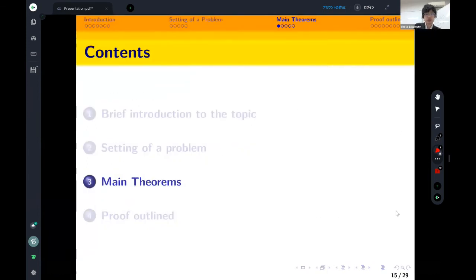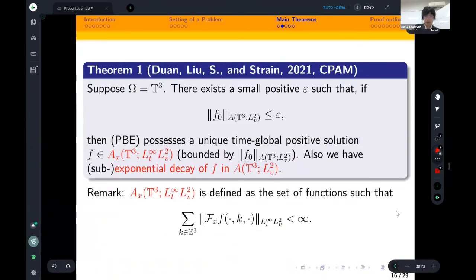And the main theorems. The first one is a collaboration with Renjun Duan at the Chinese University of Hong Kong, Xuanzhang Liu, who moved to Central China Normal University, and me, and Robert Strain at University of Pennsylvania.